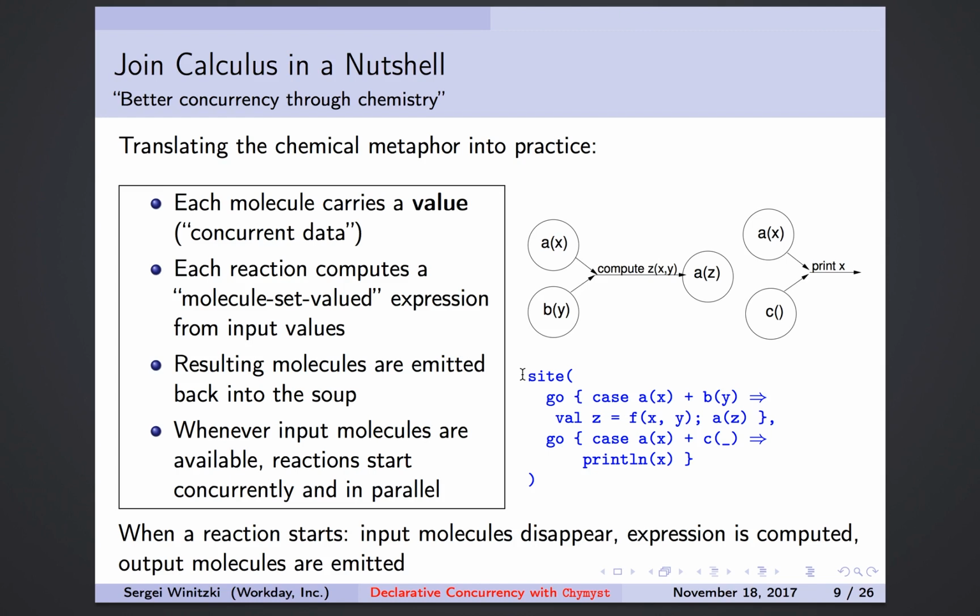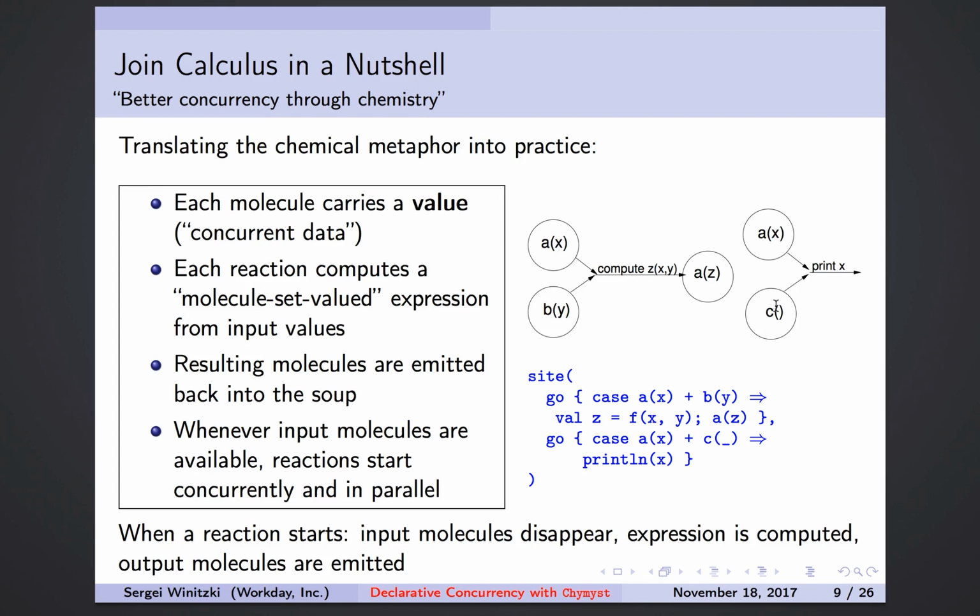So here's a code example in the Chymyst syntax. I will show more of this and explain more of this later, but you can see that the syntax is very close to the chemistry notation. A of x plus b of y goes to a of z, and z is computed as some function of x and y.